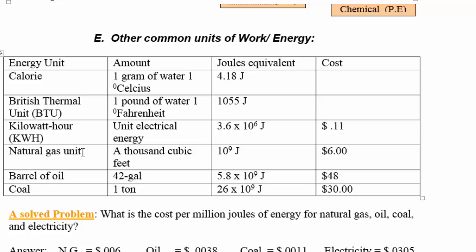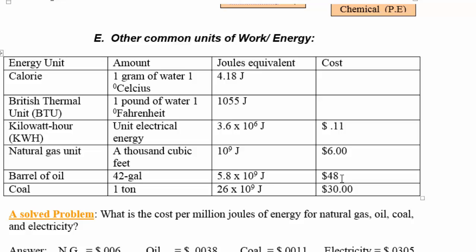A natural gas unit, which is around 1000 cubic feet of methane, of natural gas, will produce around 1 billion joules, 10 to the power 9 joules. A barrel of oil, which contains 42 gallons of oil, will produce 5.8 times 10 to the power 9 joules.